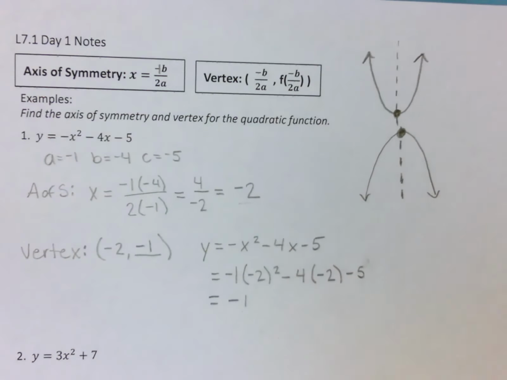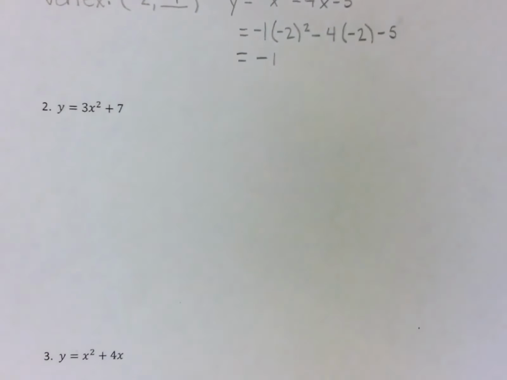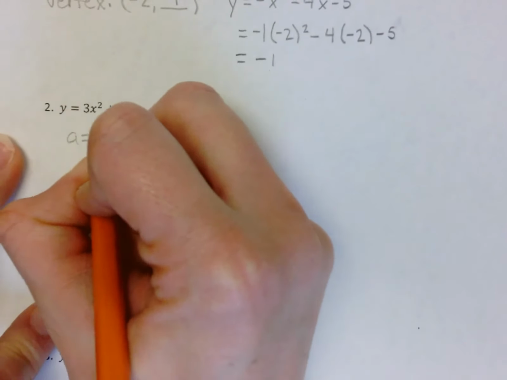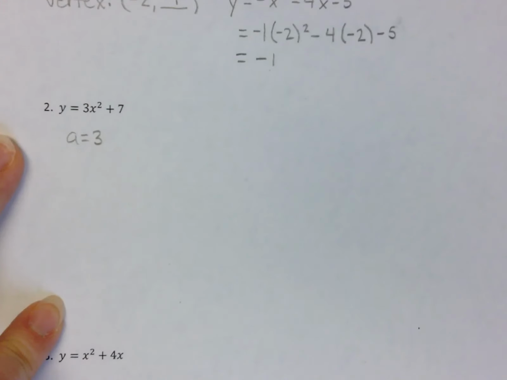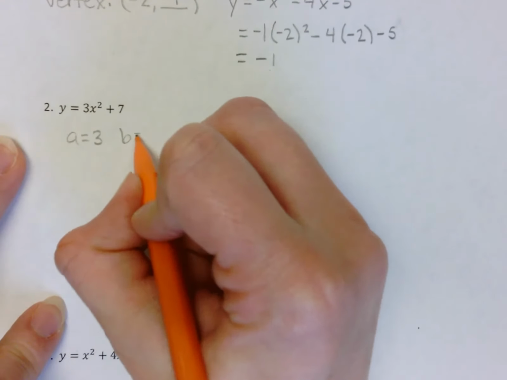Example number 2. We will still start by naming our a, b, and c. Be very careful to name a, b, and c correctly. A will be with the x squared term, so our a is 3. B is with the bx term. We do not have a bx term, therefore our b is 0.